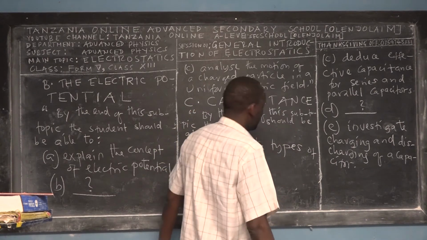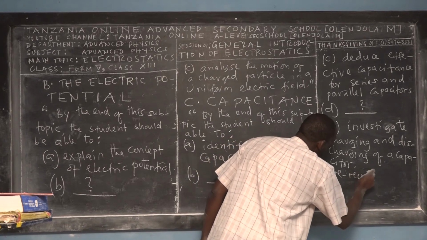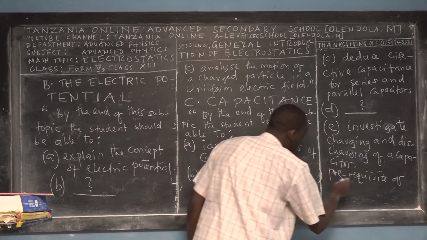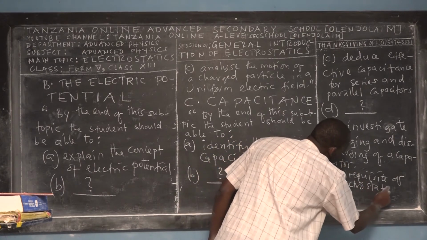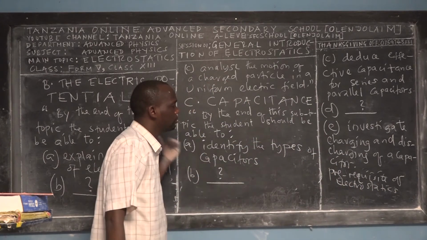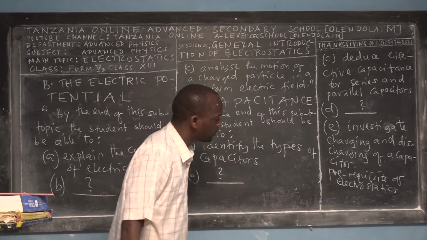Okay, so the prerequisite of electrostatics. What does prerequisite mean? It means what is required for you to know, or what you should review in advance, because possibly you forgot.